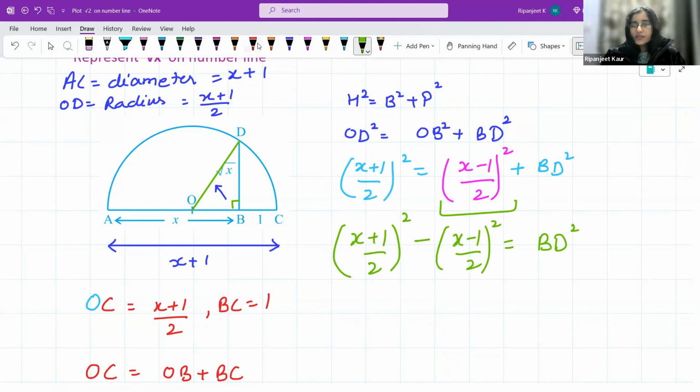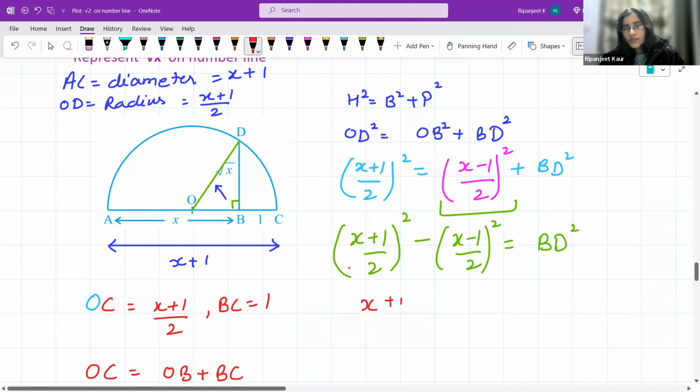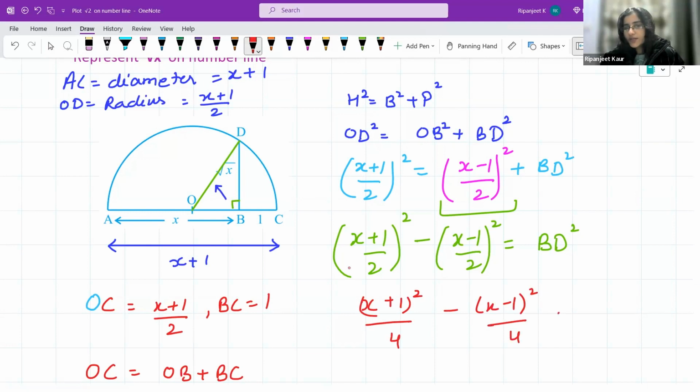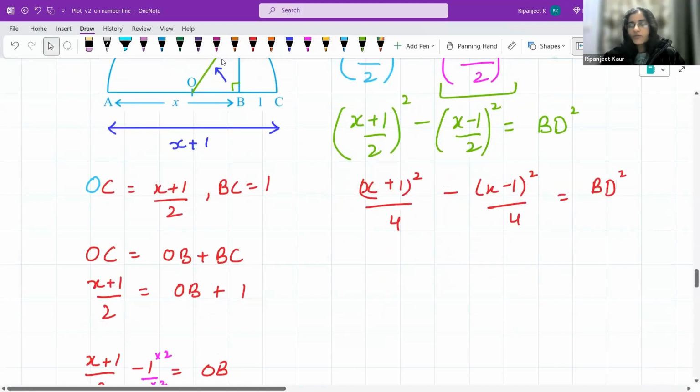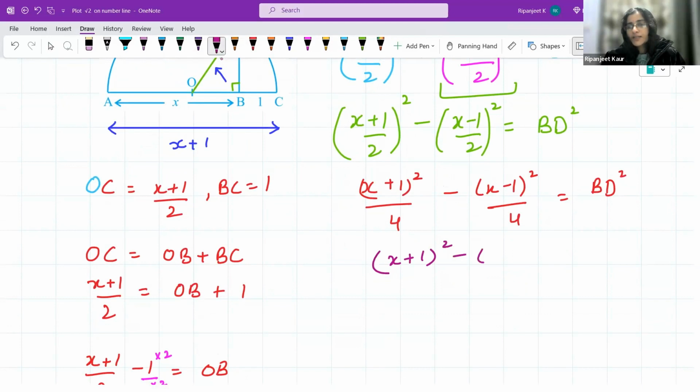Now we have this, how to solve after this? So see, it is nothing but x plus 1 whole squared over 2 squared, 2 twos are 4. x minus 1 whole squared over 4 as well equals BD squared. Now, the denominators are same, right? So, we can take LCM, x plus 1 whole squared minus x minus 1 whole squared over 4 equals BD squared.